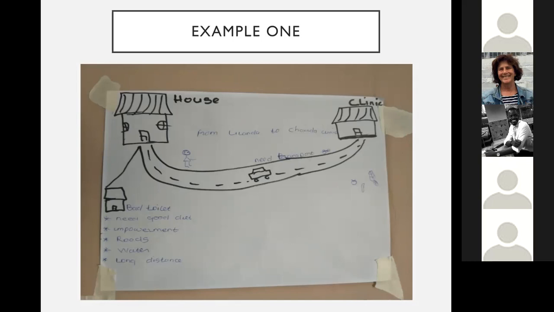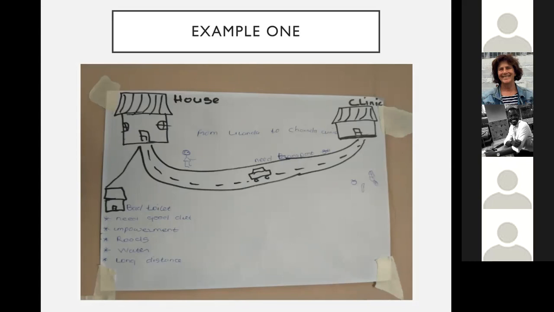But we can all possibly agree that there's an issue of transport here, the issue of distance here. So there's a small automobile there, there's a house, there's a clinic. On the other side, there's sanitation, toilet issues.